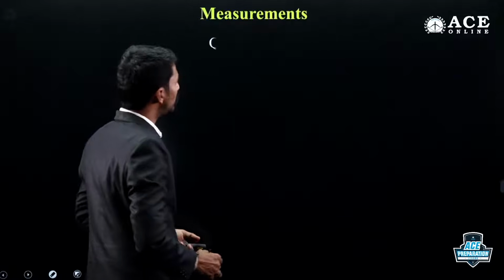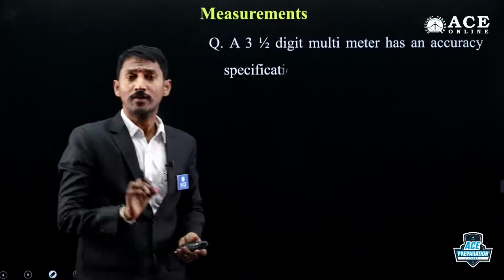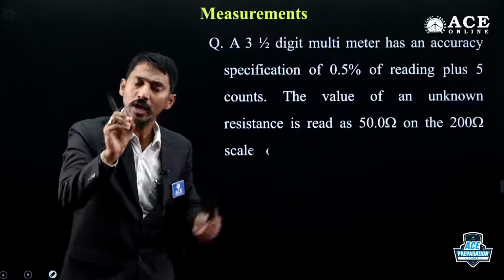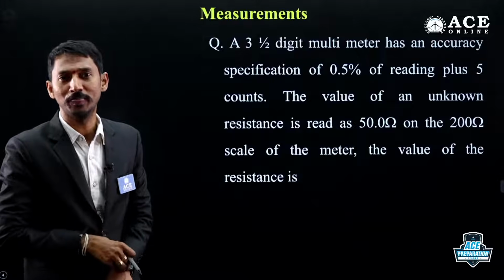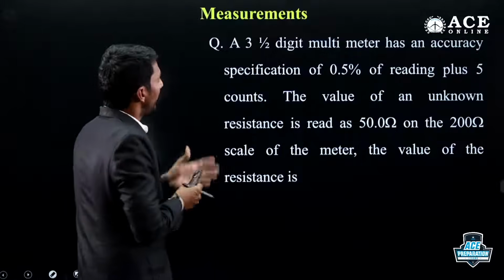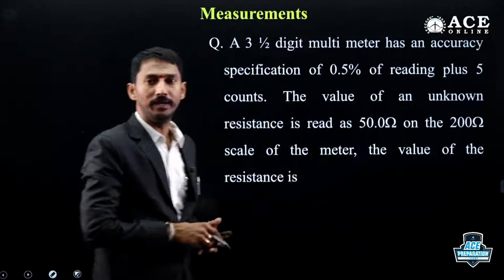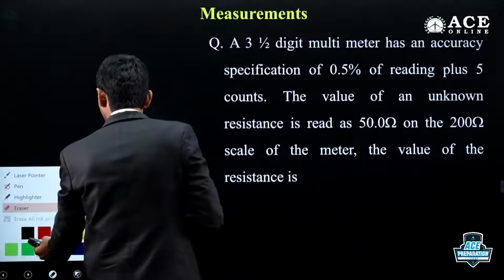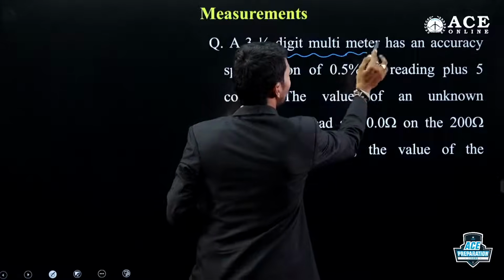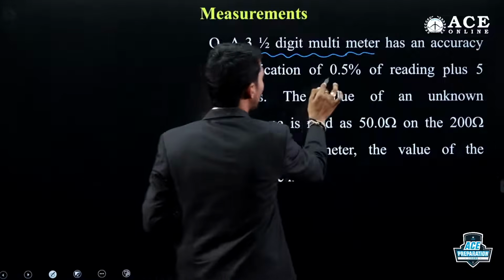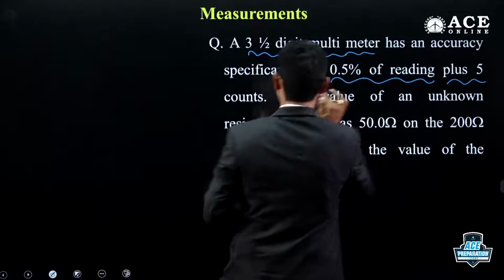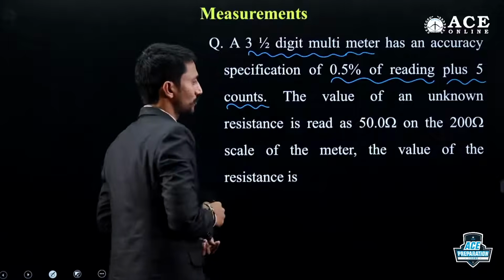This is a very popular model. From the digital voltmeter, if a 2 marks model question is there, mostly this model is possible. That is a very popular one. What is that? A 3.5 digit multimeter has an accuracy specification of 0.5% of reading plus 5 counts.